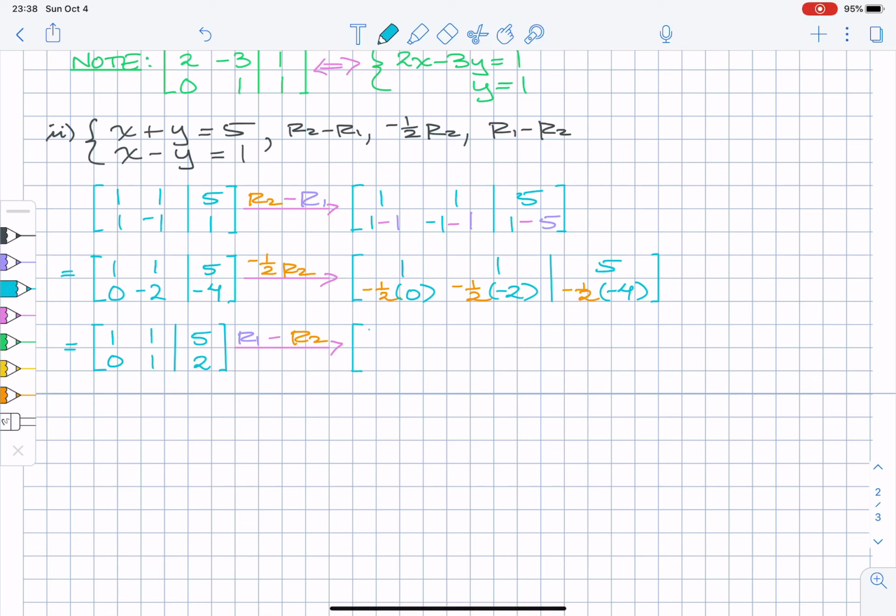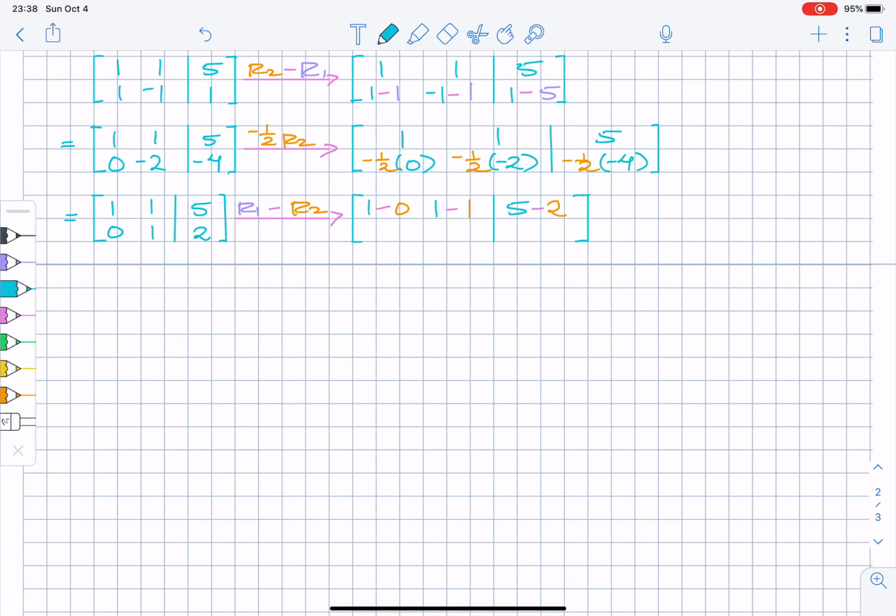So row 1 is 1 minus 0, then 1 minus 1, augment, 5 minus 2, and row 2 is still 0, 1, 2.